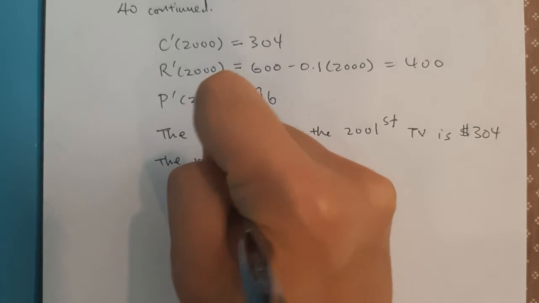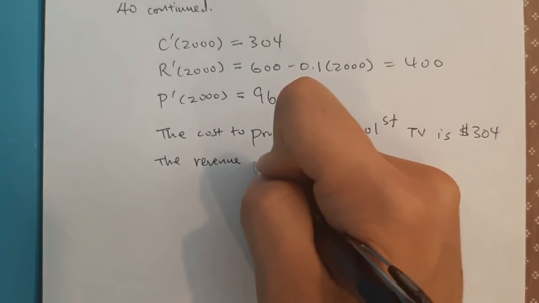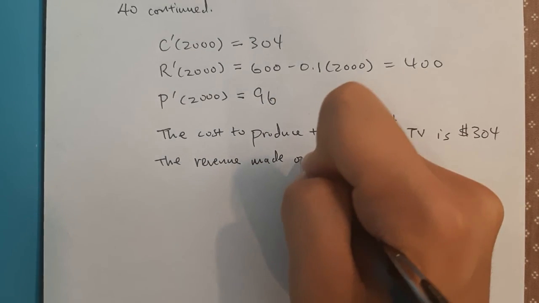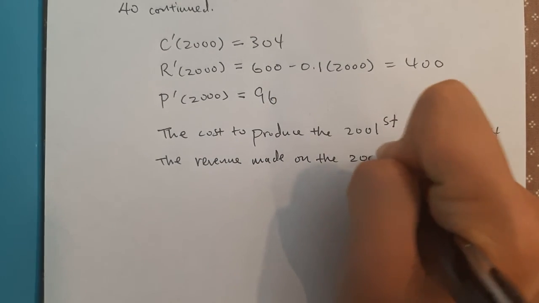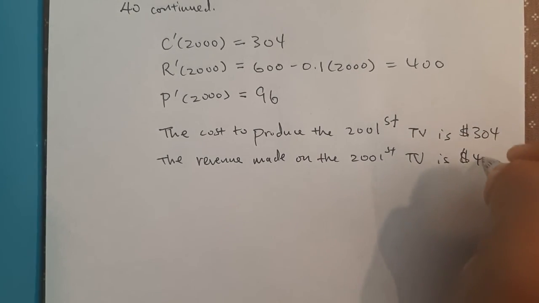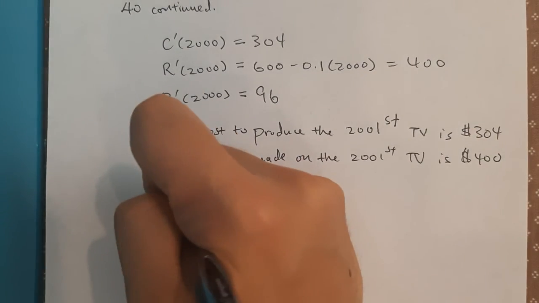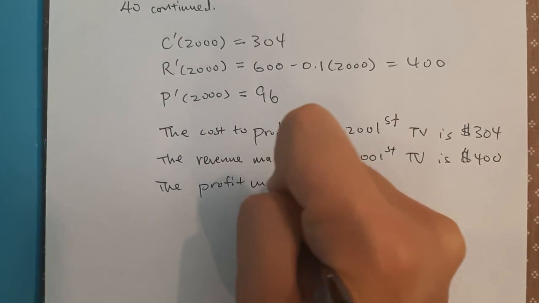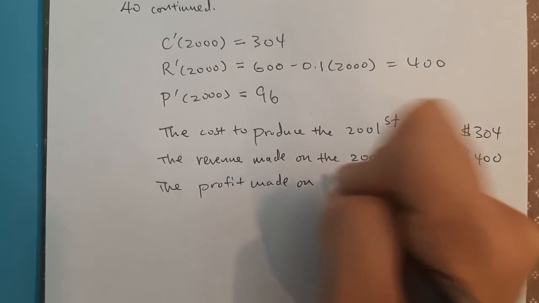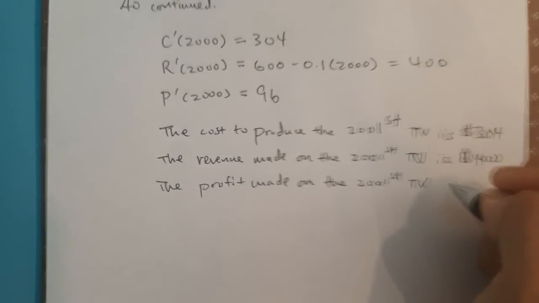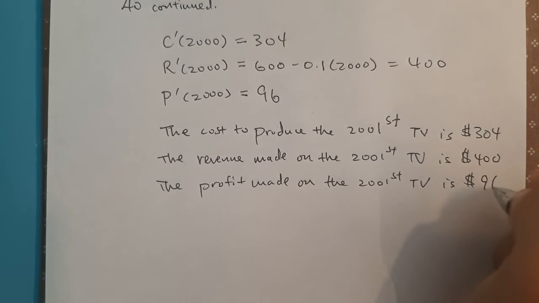The revenue made on the 2001st television is going to be $400. So the profit made on the 2001st television is going to be $96.